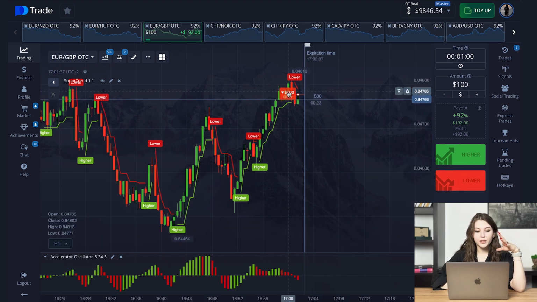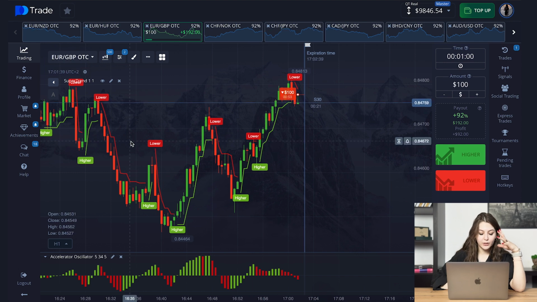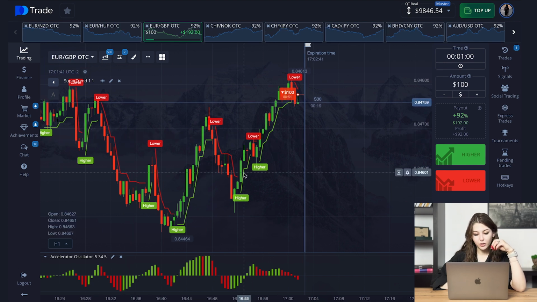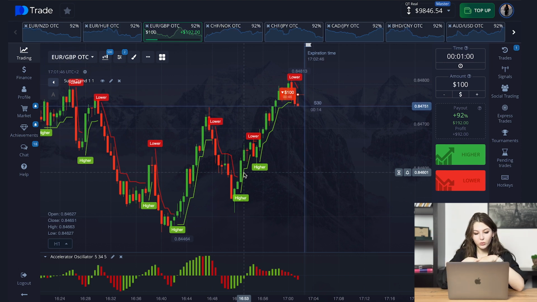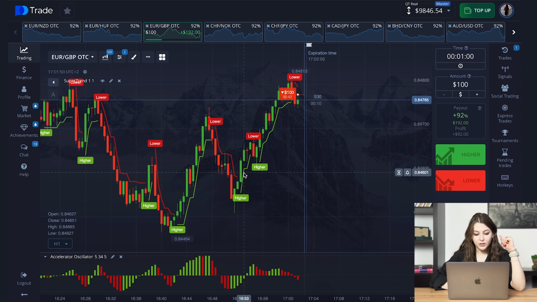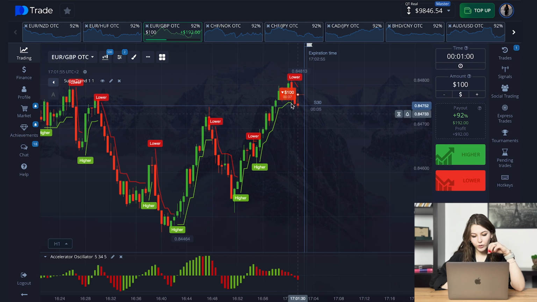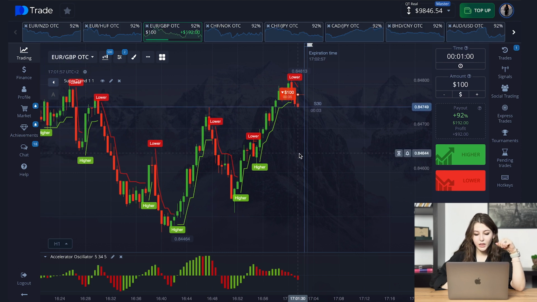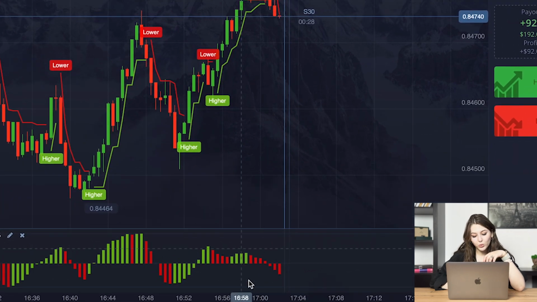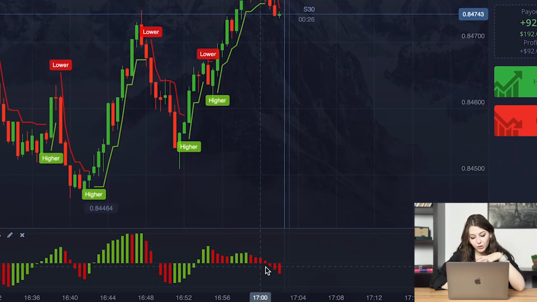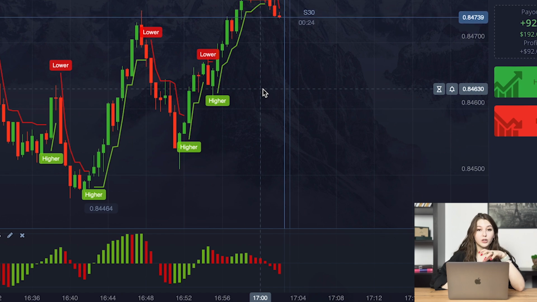We just saw that the price went very high. We saw that the market works with curves. I'm looking at the market and I understand that the market works with curves. We had the maximum. Now we're going to the minimum very nicely. We have the trend for the lowering position. I can see that we don't have a lot of buyers at the moment, so probably the price is going to fall.